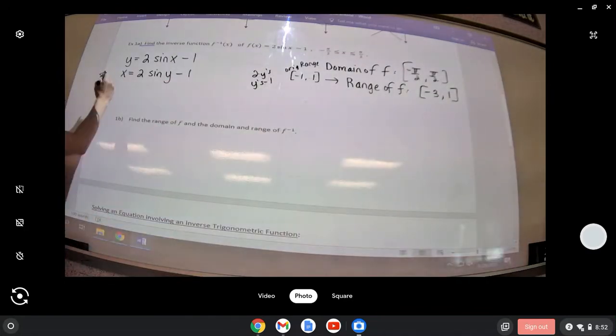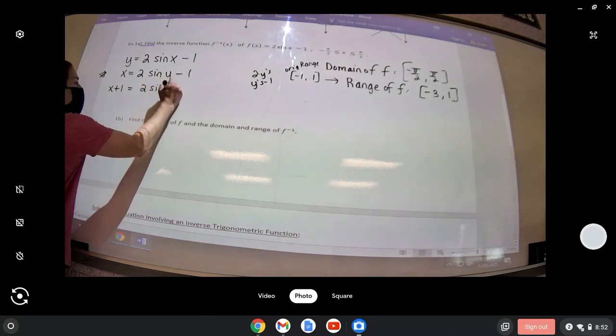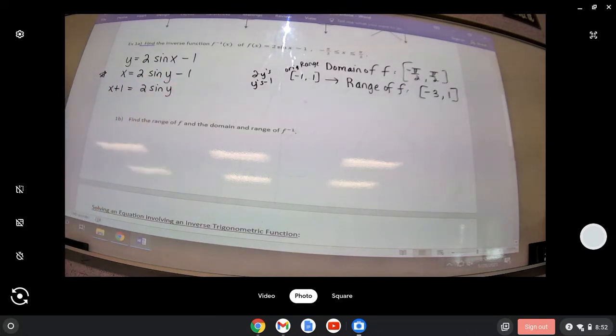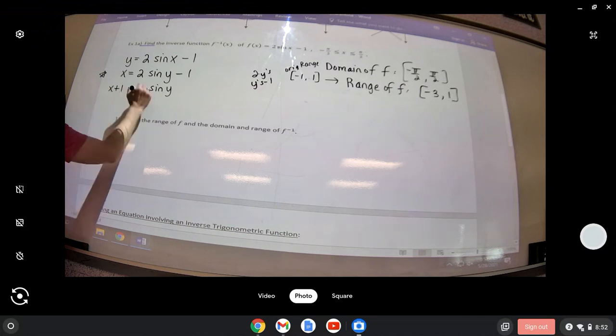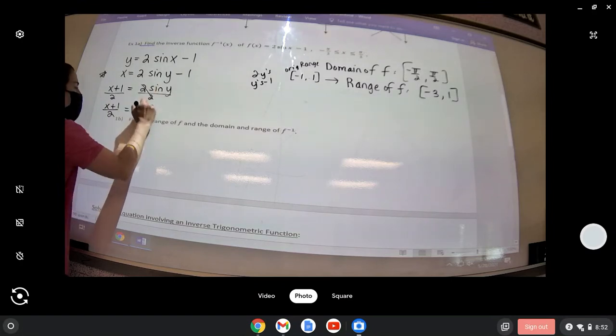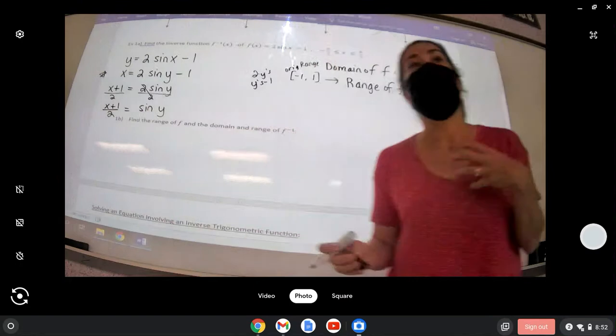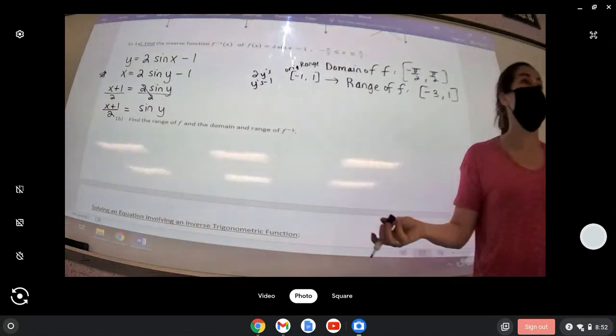All right, let's add the 1 over. If I want to solve this for y, y is stuck inside of the sine function. I got to get the sine function by itself. Divide by 2. And now how am I going to break y out of the sine function? How am I going to undo the sine function? I'm going to inverse sine it.